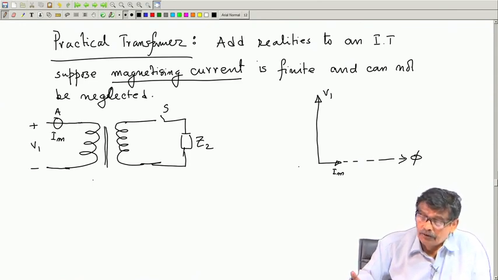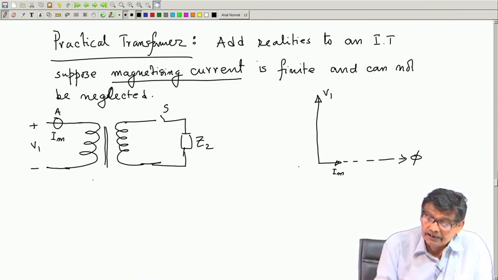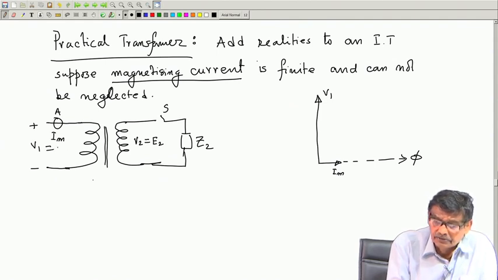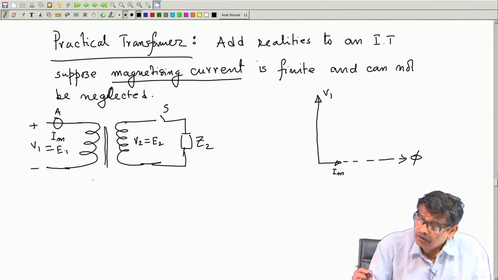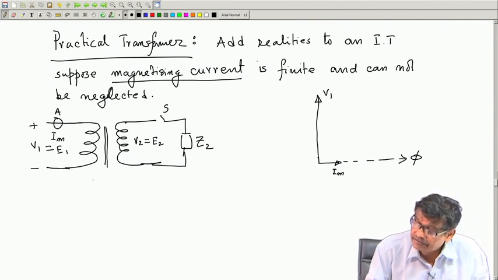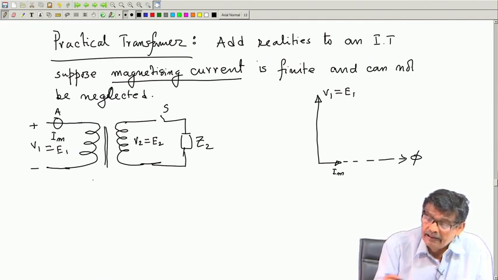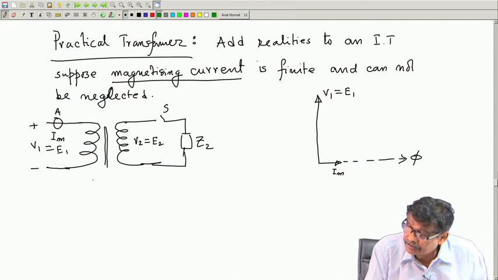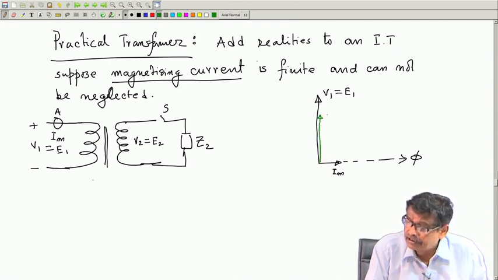So, this is the open circuit equivalent circuit, and if this is V 2, V 2 and E 2 are the same, because still drops are neglected, V 1 is equal to E 1. So, all voltages will be in phase. So, this is V 1 equal to E 1, the same phasor, and depending upon the ratio your V 2 phasor will be here. If it is a step down transformer, this is your V 2.